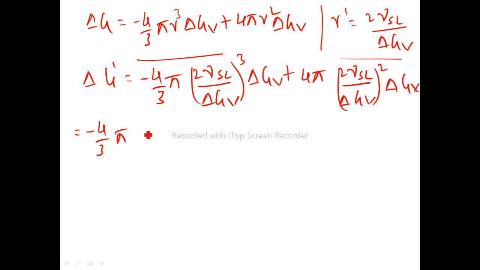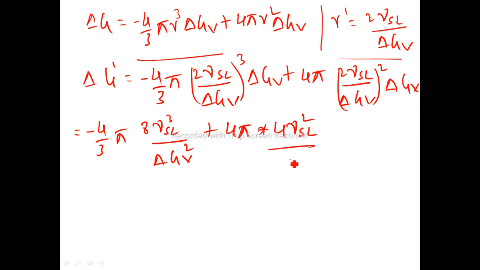by 8 gamma SL whole cube divided by delta GV square. This is direct square. I will cancel, and 4 pi. This is into 4 gamma SL whole square divided by delta GV.